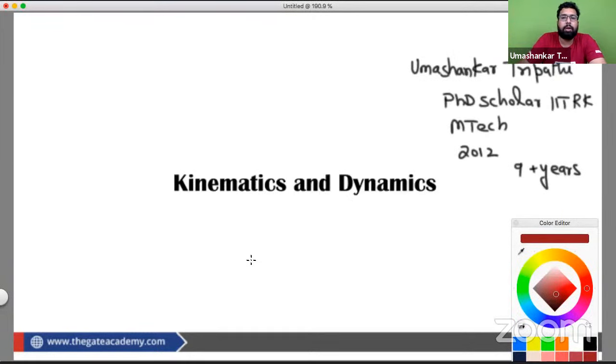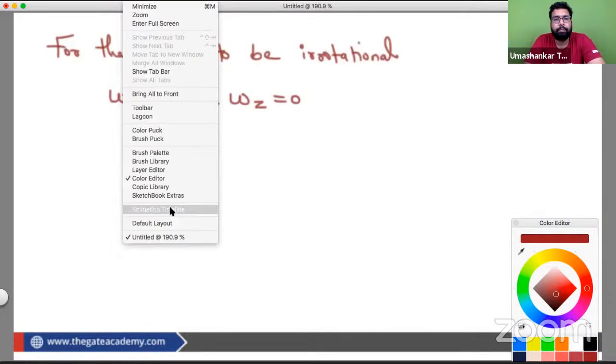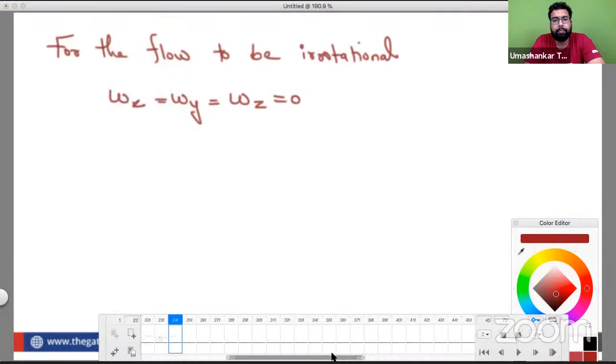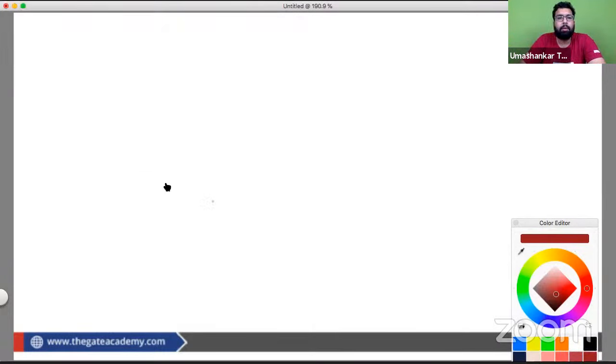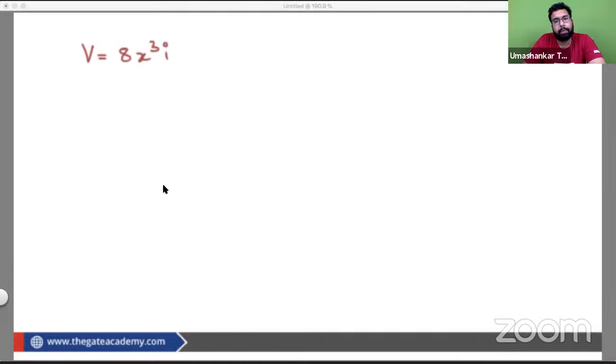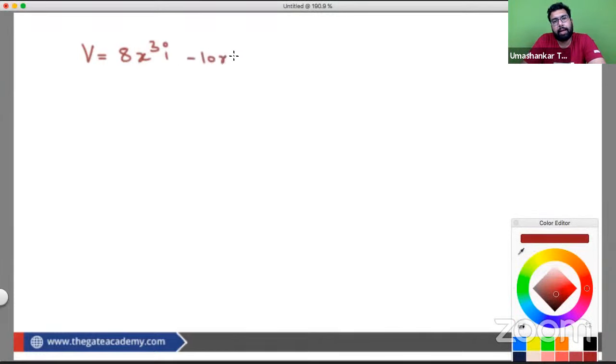Okay, let us do one question here. We have V equal to 8x cube i minus 10x square yj. Now tell me whether it is rotational or irrotational. Let's try it.